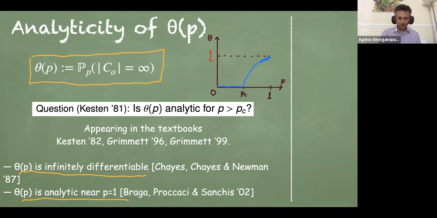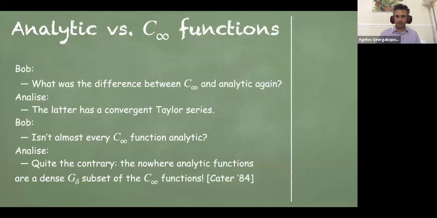Okay, now you might ask, if it's infinitely differentiable, what is missing? So let me remind you that the difference between being C-infinity, infinitely differentiable, and analytic is that analyticity means having a convergent Taylor series. You may ask, well, isn't every or almost every function that is infinitely differentiable analytic?